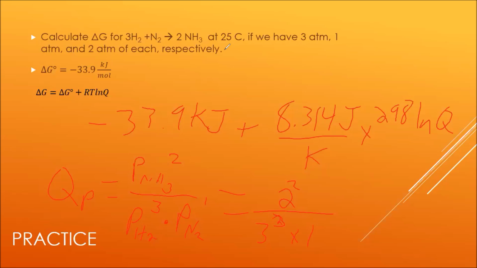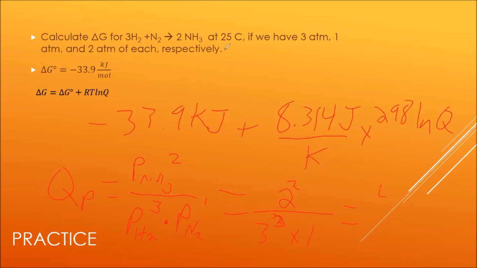Now, if this was delta G standard, this number would be 1, 1, and 1. But because we're doing an actual real-world situation, QP is not going to be 1.